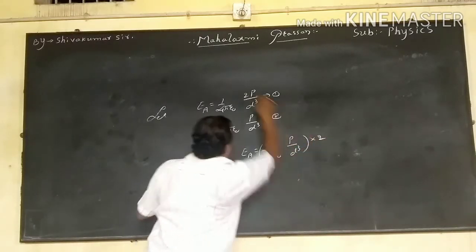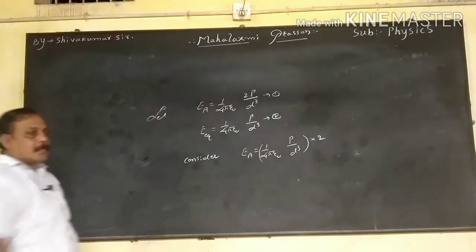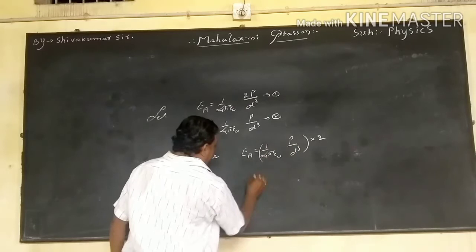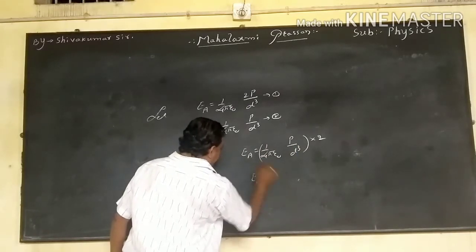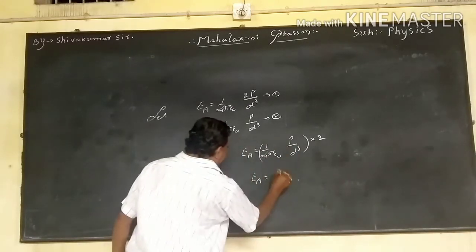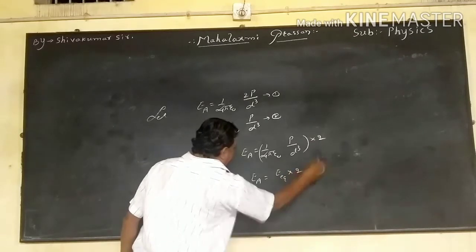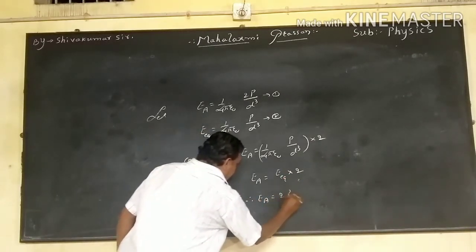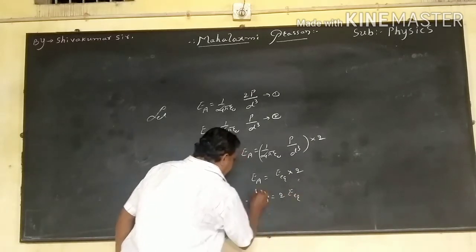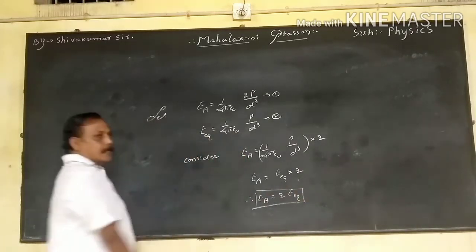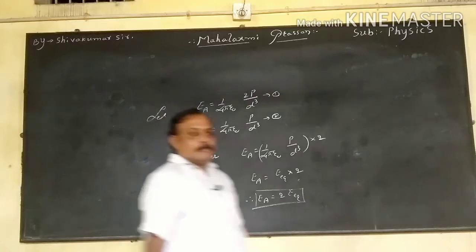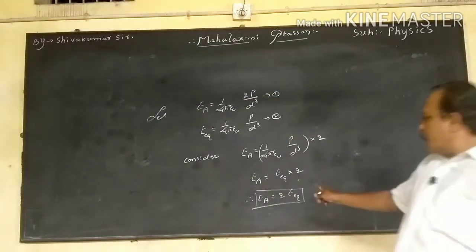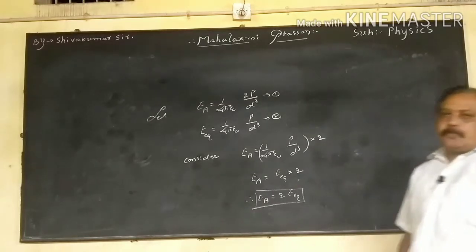It is the same. Then what is this 1 divided by 4 pi epsilon naught p by d cube? So this complete bracket represents what? The electric intensity on the equatorial line, into 2. Therefore the electric intensity on the axial line is 2 times the electric intensity on the equatorial line.